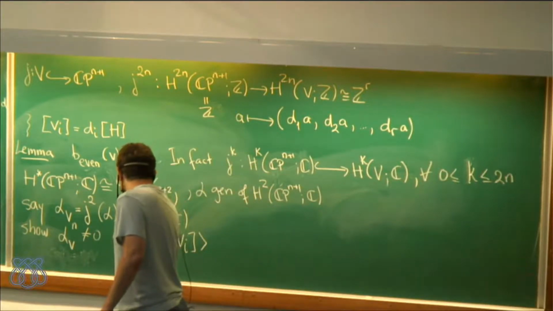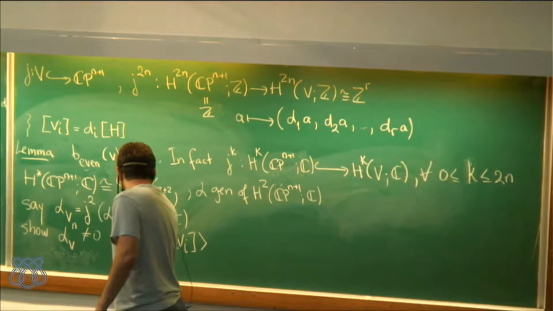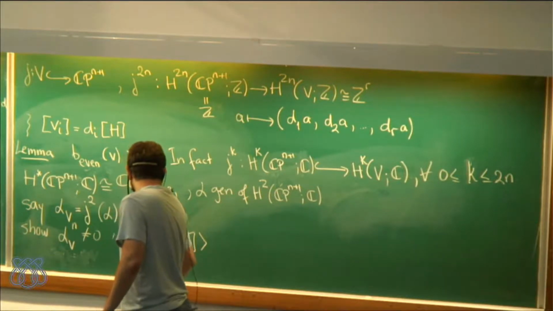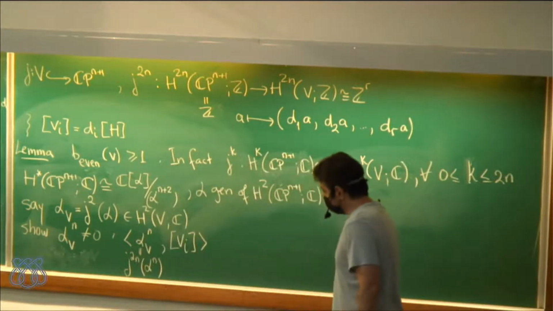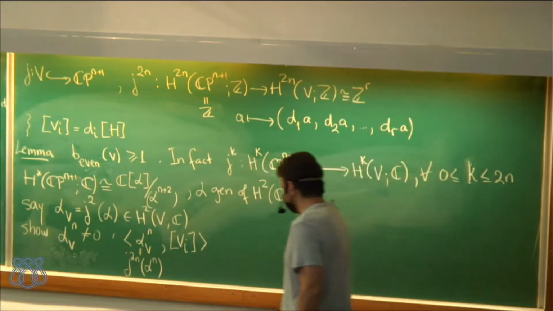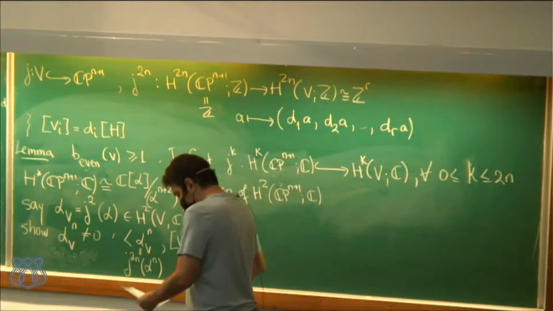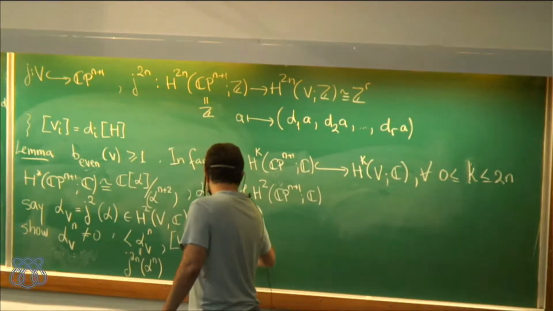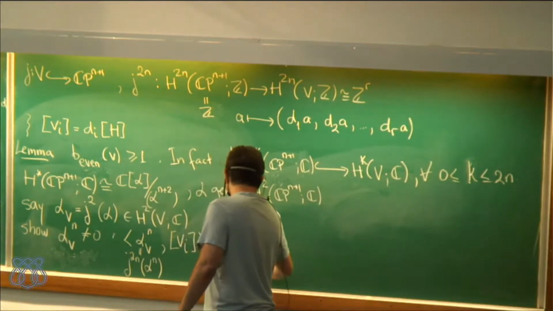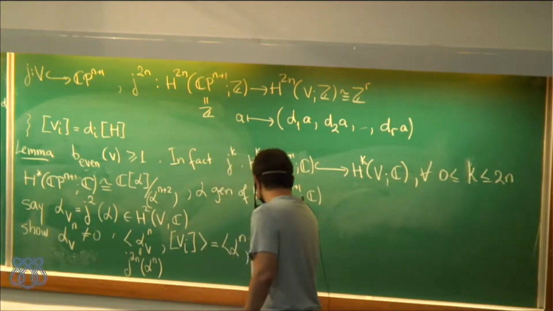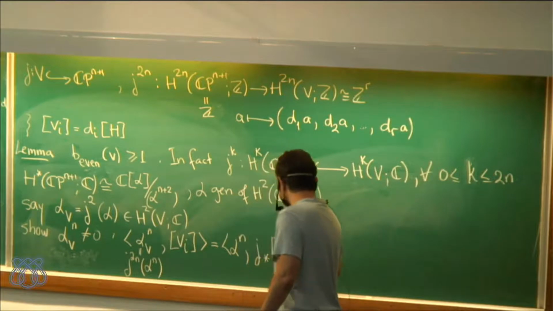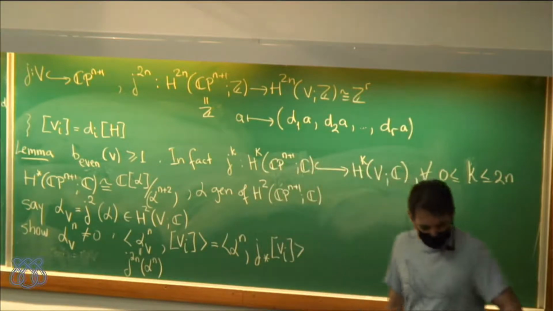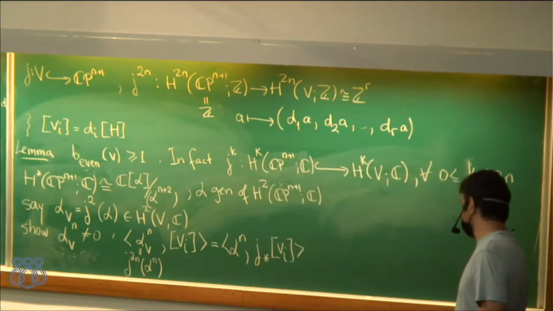So this is just J2n of alpha to n, and using the usual projection formulas, what you get here is alpha to n and then J push forward V_i. I'm doing some basic calculations from topology 101.